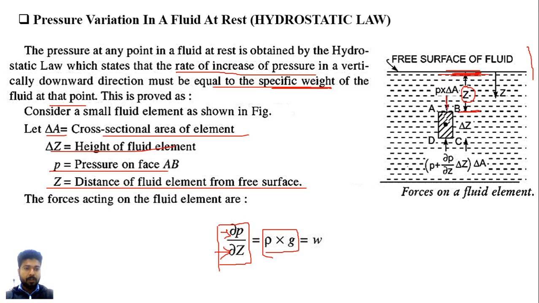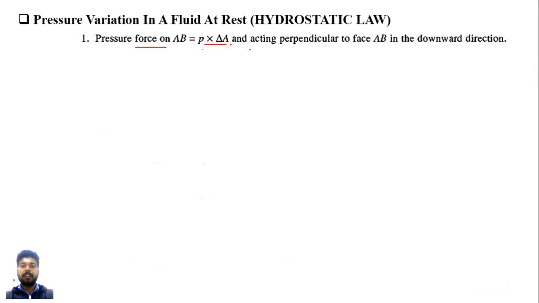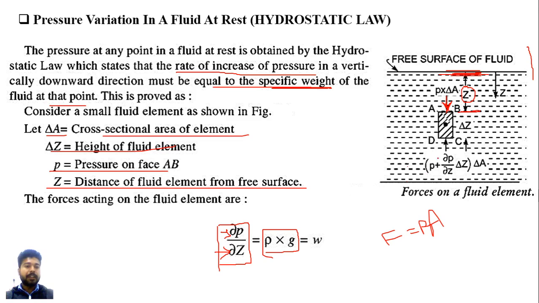As we know the cross-sectional area of this element is delta A, so we can write P into delta A, which is acting perpendicularly to the face AB in the downward direction.